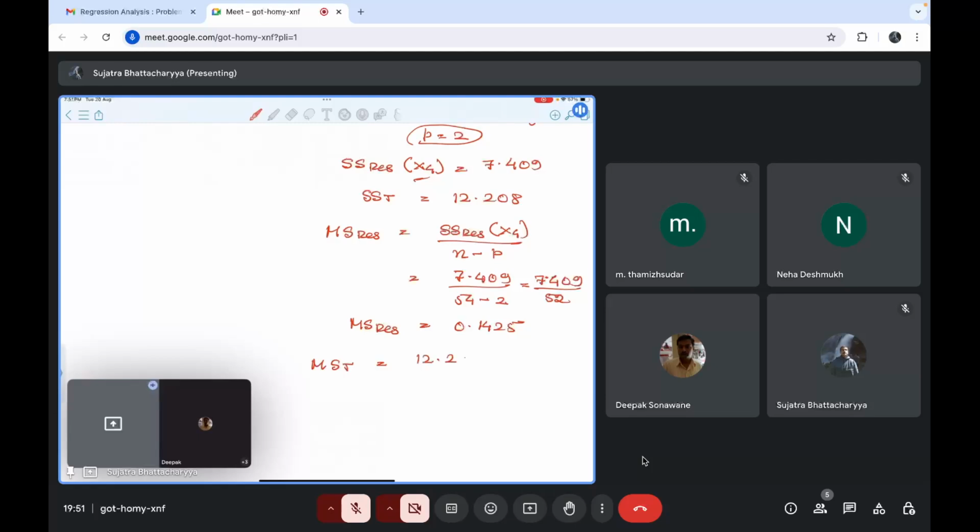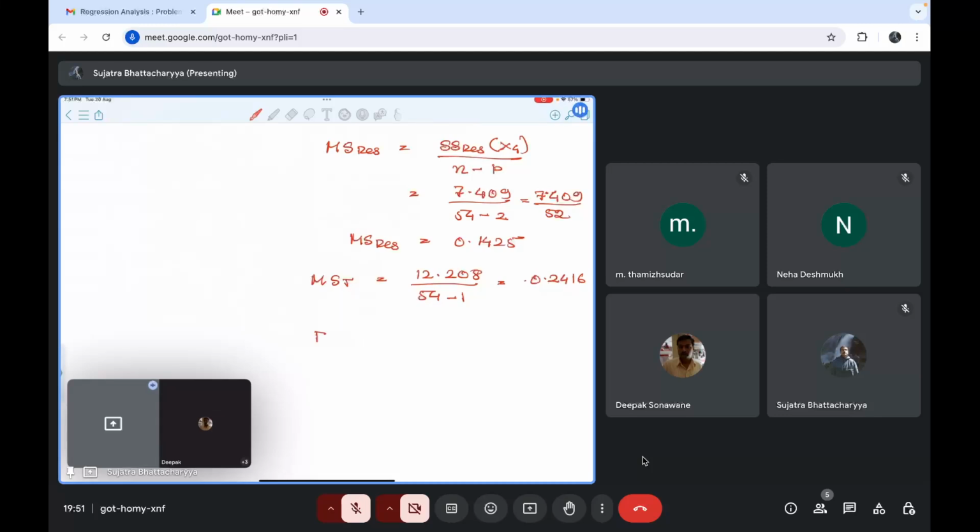SST, that is 12.208 divided by n minus 1, because SST will always be n minus 1. So it is 0.2416. So finally, adjusted R square bar for X4 is 1 minus 0.1425 divided by 0.2416, which will be 0.41. That is 41%. Okay, this is how the answer is.